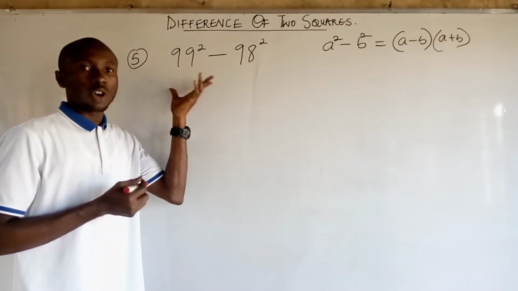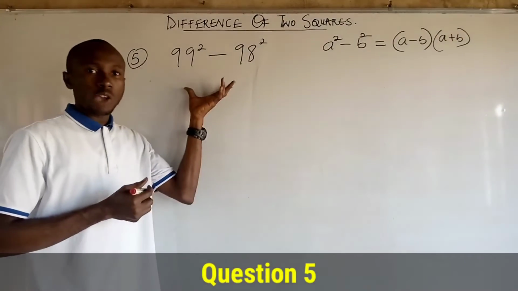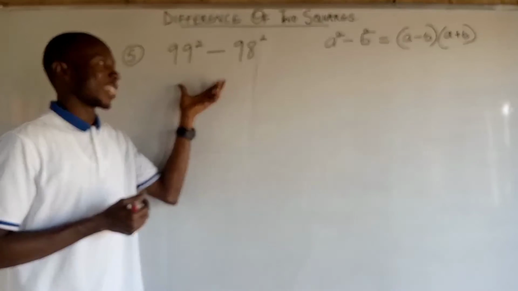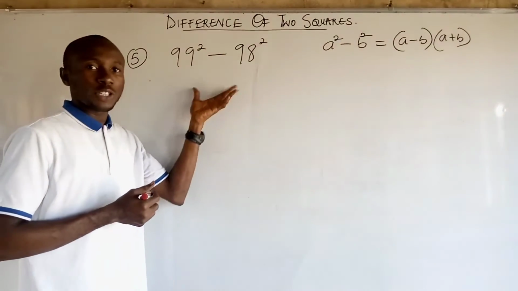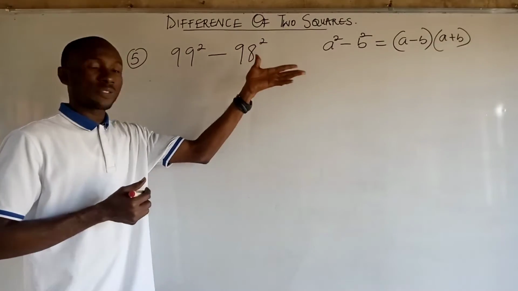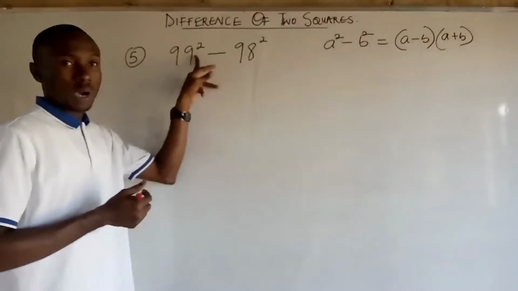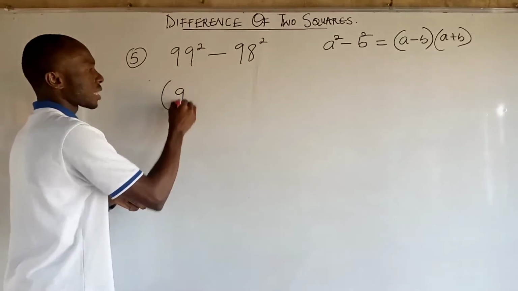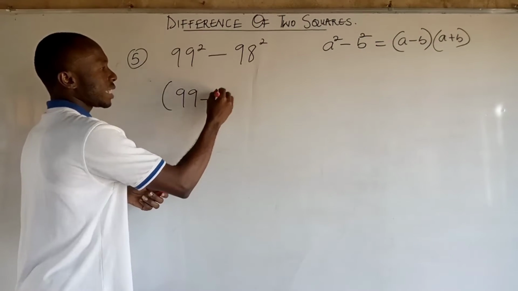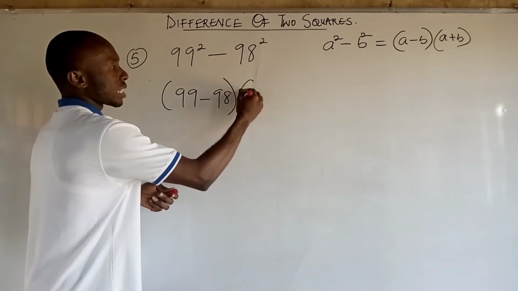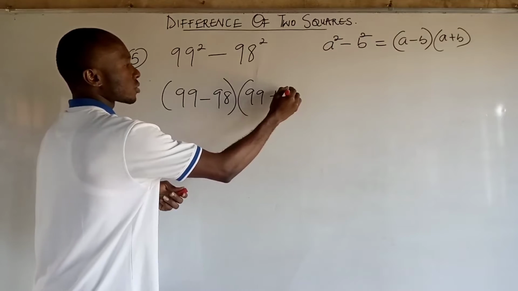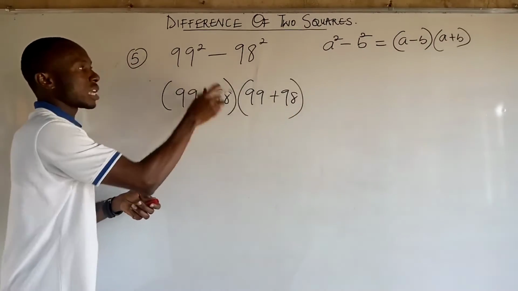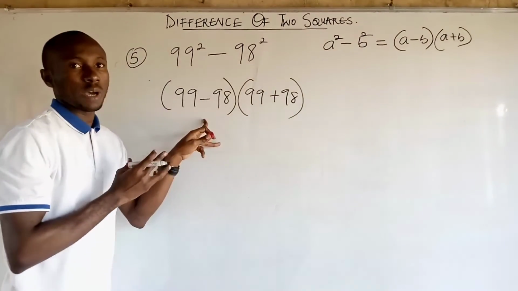This is question number 5. And this is on real numbers, just on real numbers, so we see no problem. We just need to apply the laws of the difference of two squares. This is in square, this is in square. Very easy to solve. So we have it become 99 minus 98 times 99 plus 98, writing them in this format without their squares.